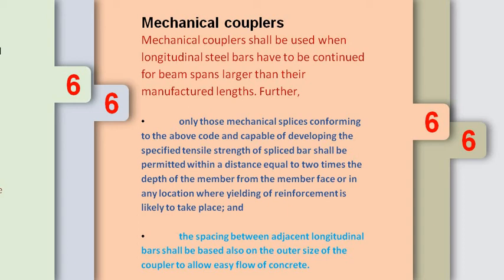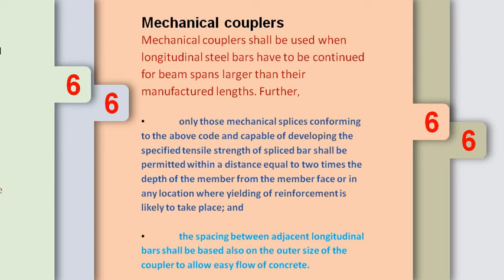Further, only those mechanical splices conforming to the above code, and here we are talking about the code 16172 that confirms about the mechanical couplers, and capable of developing specified tensile strength of spliced bar shall be permitted within a distance equal to 2 times the depth of the member from the member face, or in any location where yielding of reinforcement is likely to take place, and the spacing between adjacent longitudinal bars shall be based also on the outer size of the coupler to allow easy flow of the concrete.